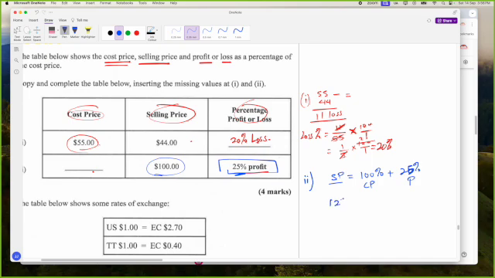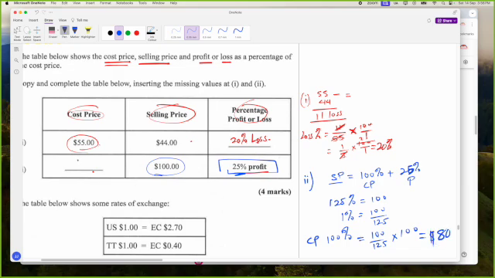So I could say 125% is $100. 1% is 100 over 125. 100%, which is the cost price, is 100 over 125 multiplied by 100, which, yay, I could use my calculator, is $80.